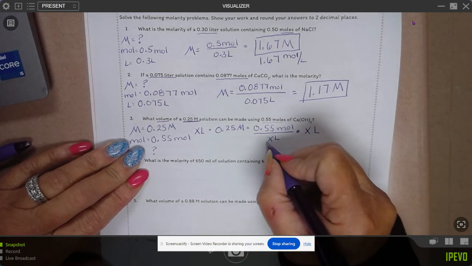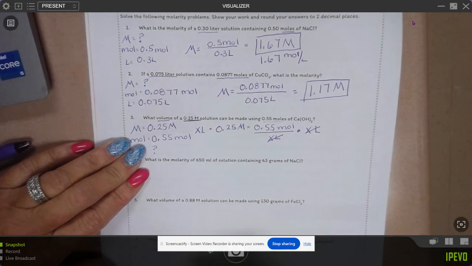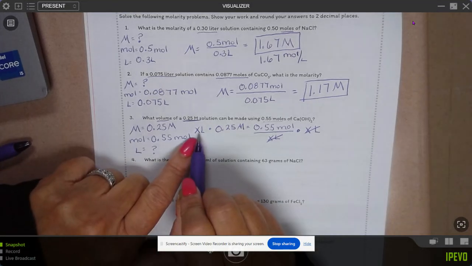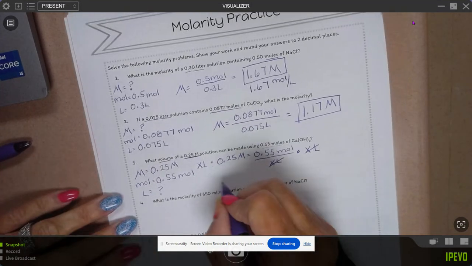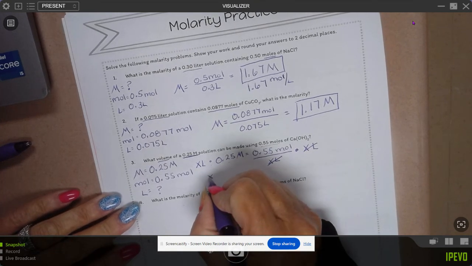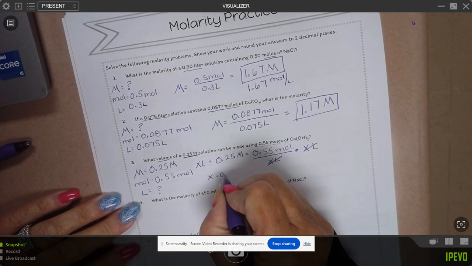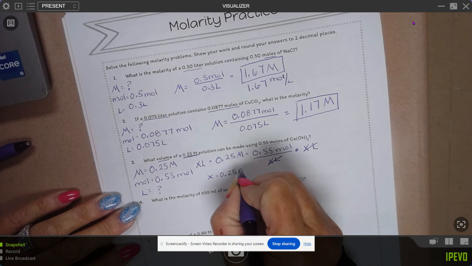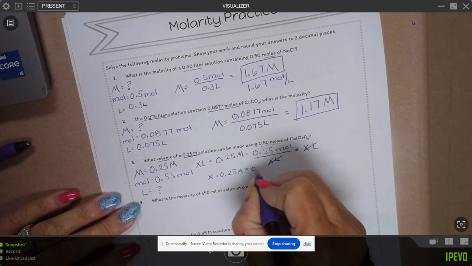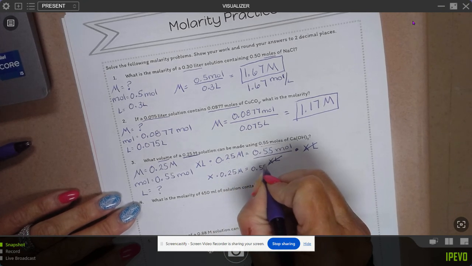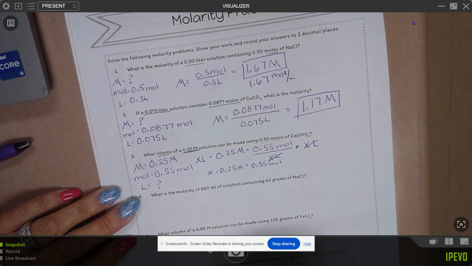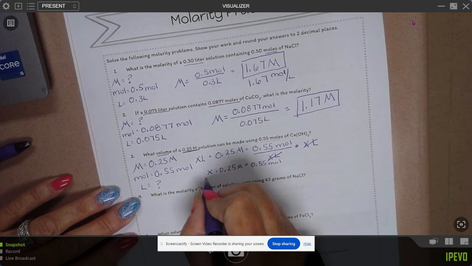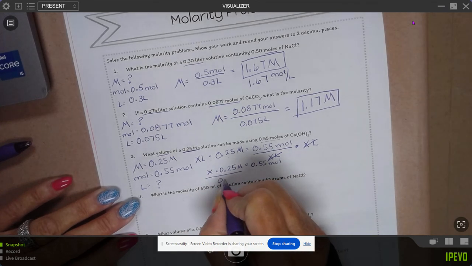Now, what that does is it cancels out the X over here. So I end up with X times 0.25 is equal to 0.55 moles.